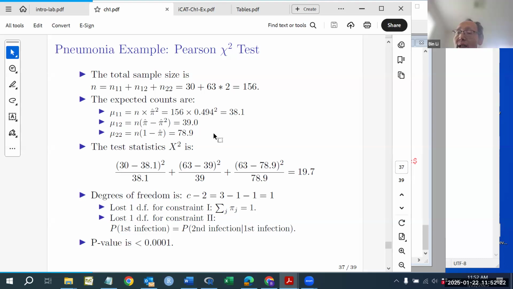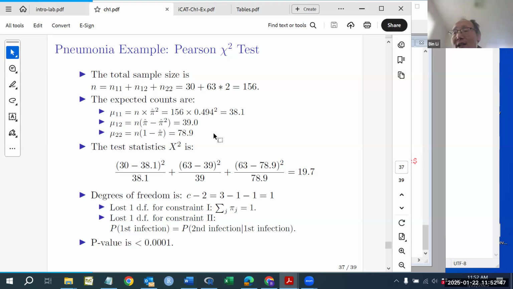So what does that imply? That means the probability of not getting the second pneumonia is actually much larger than what we expected.